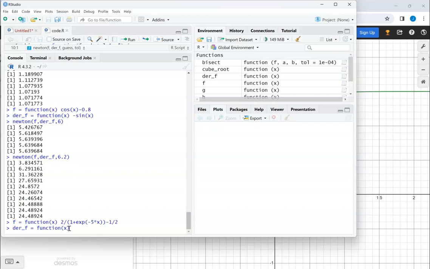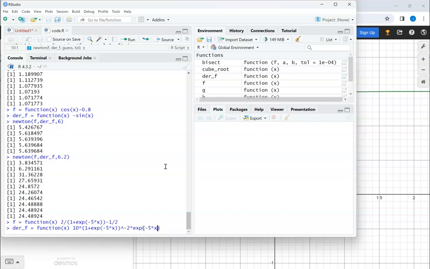So if I type this in, we should get 10 times 1 plus e to the -5x to the -2, and then times another e to the -5x. That'll be our derivative.